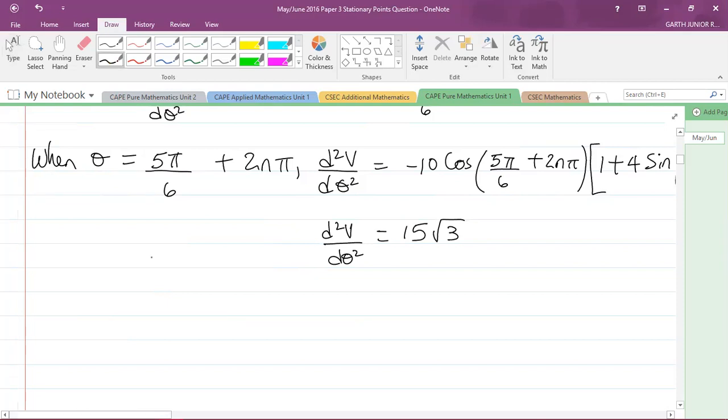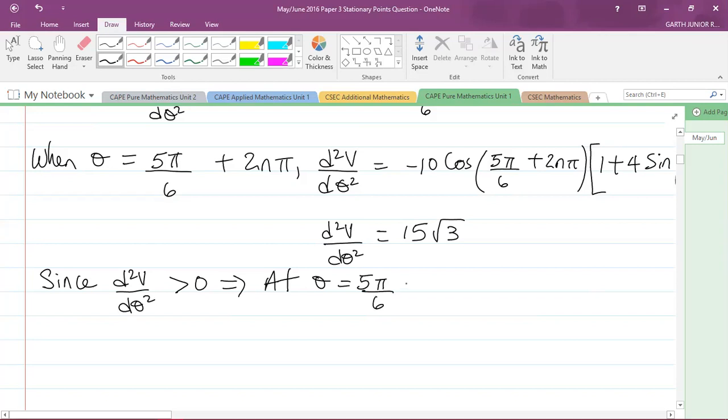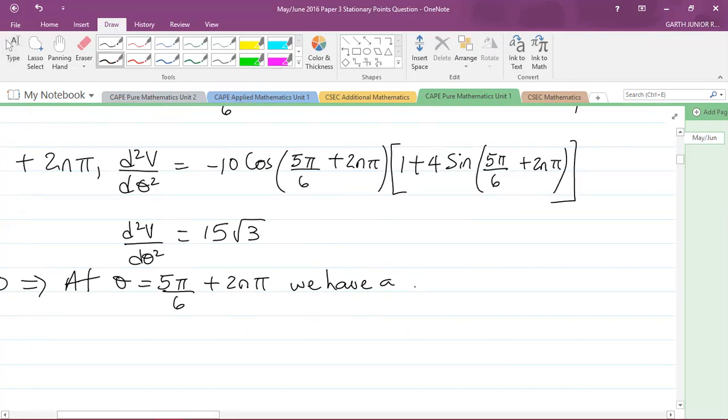So what can we say? I can now say that since the second derivative of v with respect to theta is greater than 0, it is positive, it implies that at theta equals 5 pi over 6 plus 2n pi, we have a minimum point.